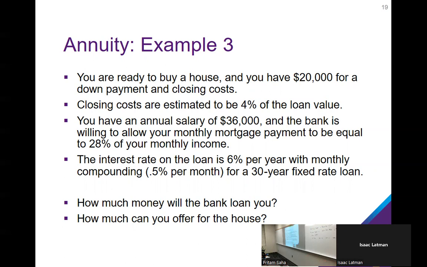This is what you got, present value, $140,105. So the bank wants to give you at most this much of a loan today. This is how much the bank is willing to give you, because the bank told you you're only allowed to make 28% of your monthly income as your loan payment. That means this is the max the bank is willing to give you as a loan value today. Make sense?